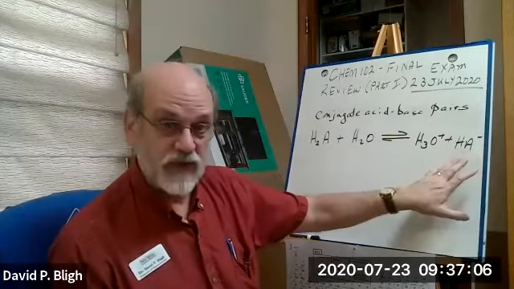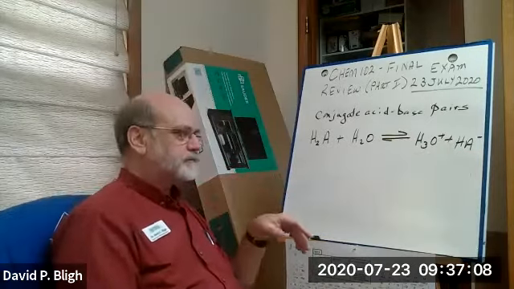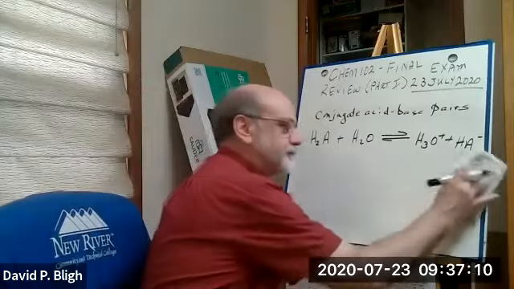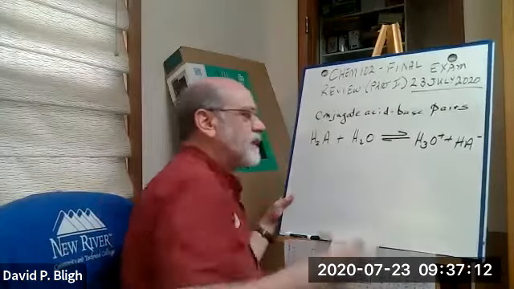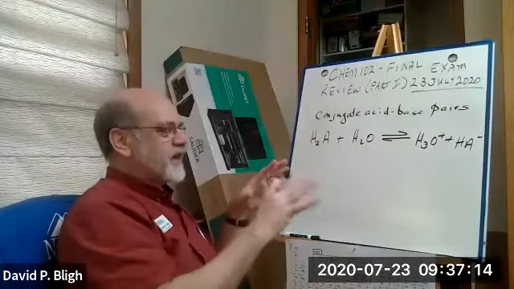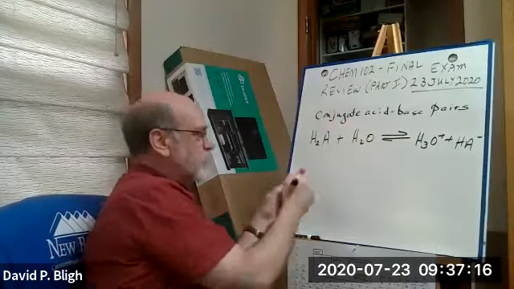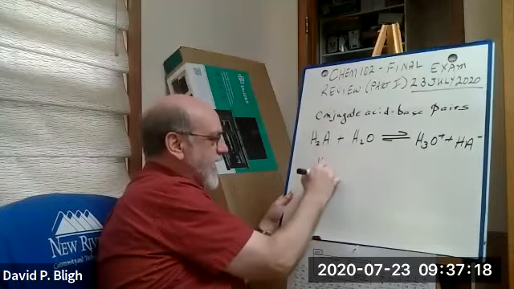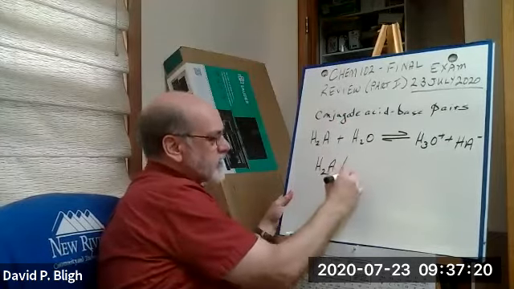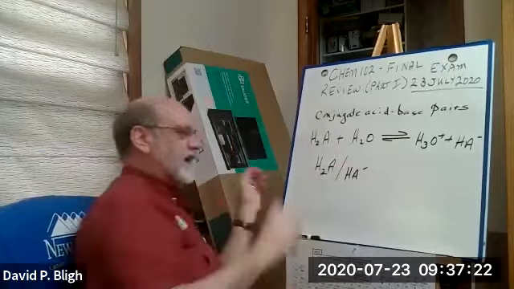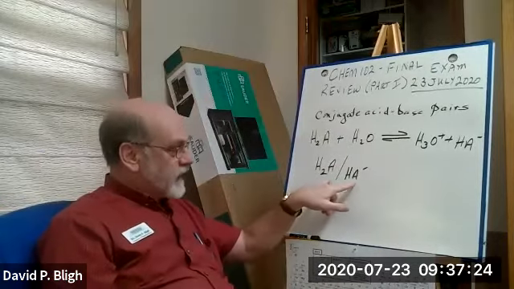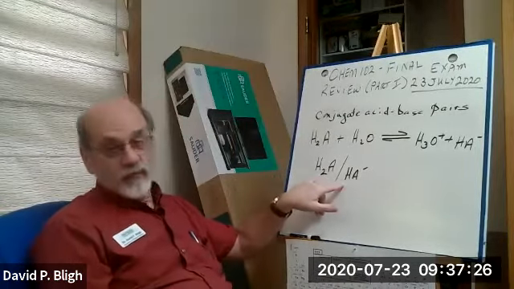It's more difficult to do that. That's one way of looking at it. So in a conjugate acid-base pair for this one, we would have the acid and its conjugate base like that. There you have the A's match, and you only have one proton lost.